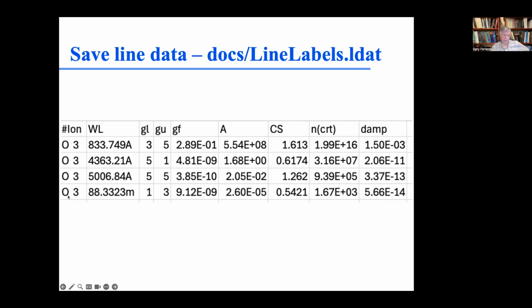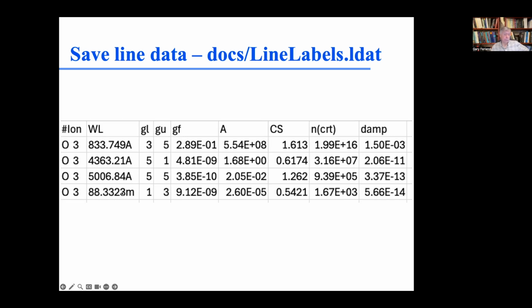The tricky bit is there are two spaces between the O and the 3 because we have four characters here. Next is the wavelength. The code does parse Angstroms or microns. The code works across the full spectrum, so the units change as you go across. So this is going bottom up.